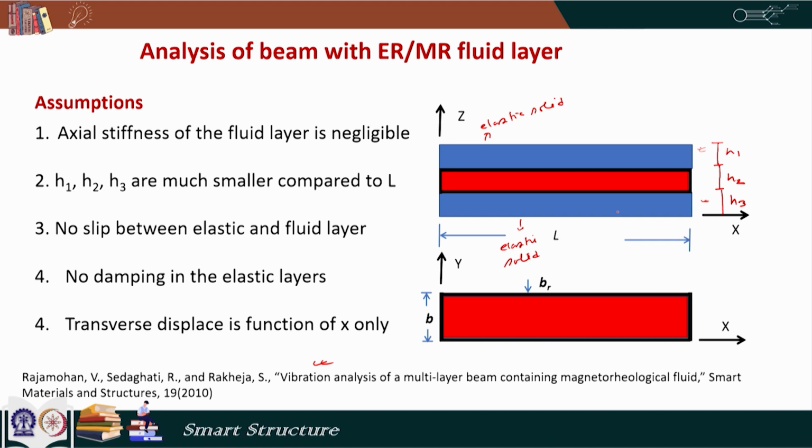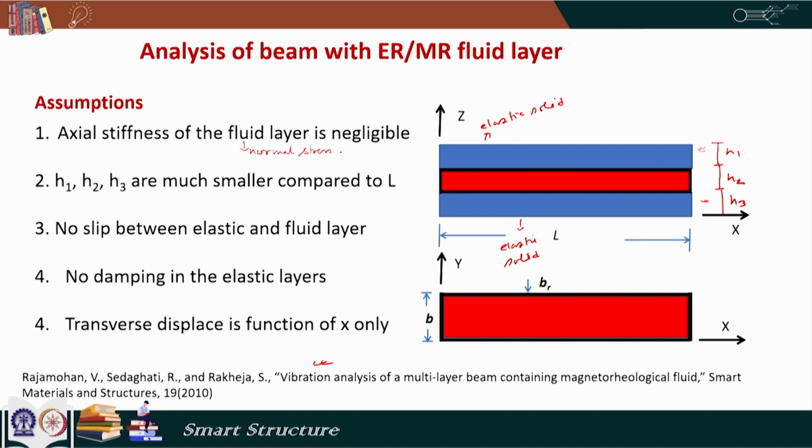First of all, the axial stiffness of the fluid layer is negligible. That means this mid region, the core region, does not have any axial stiffness. The only axial stiffness comes from the rubber region, but that is much less. I mean, the dimension of it is much less as compared to the dimension of the core fluid. So, this has negligible axial stiffness. That also means that the normal stress is 0 in the fluid region.